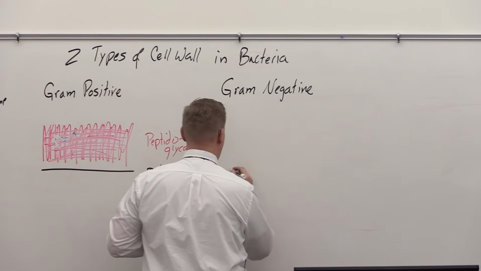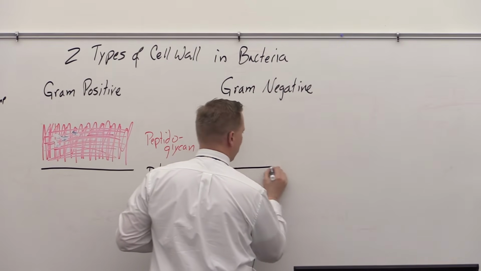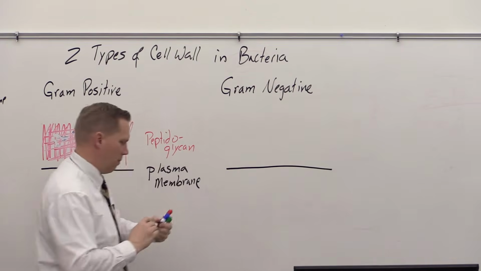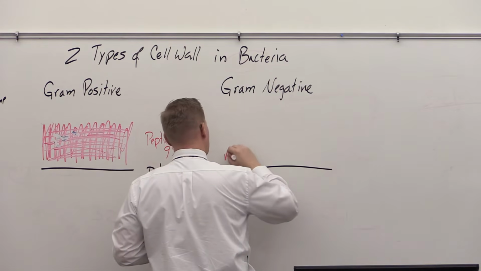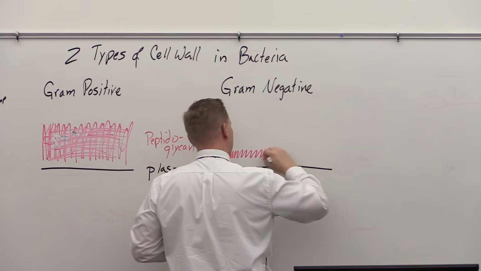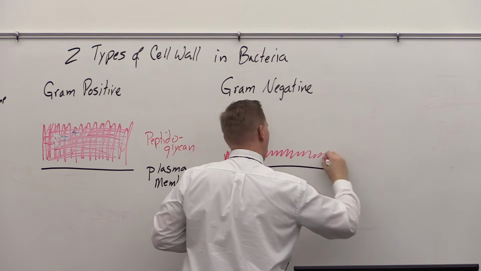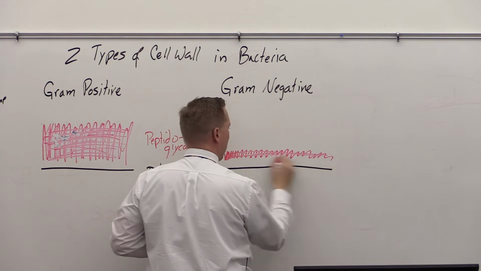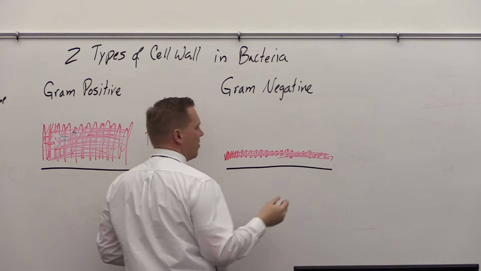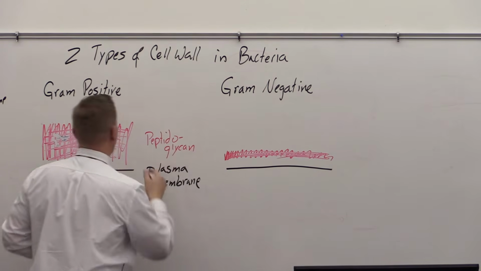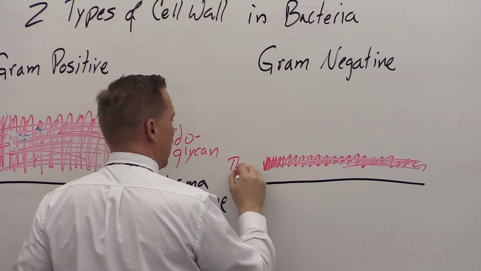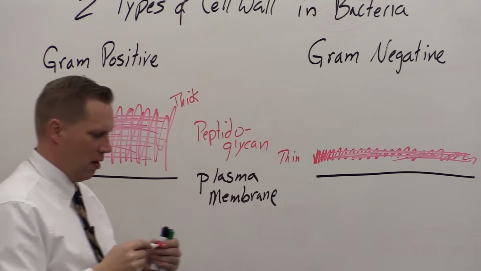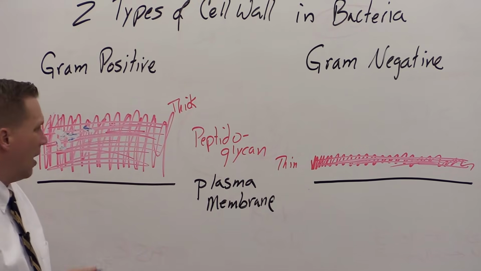On the other side, you'd have the gram-negative. It also has a plasma membrane. It also has a peptidoglycan layer, but that peptidoglycan layer is much thinner. So over here we have a thick peptidoglycan, and then in the gram-negative we have a thin peptidoglycan.